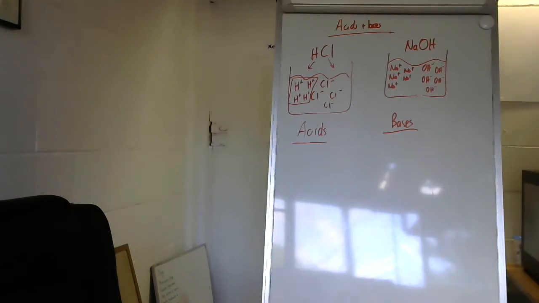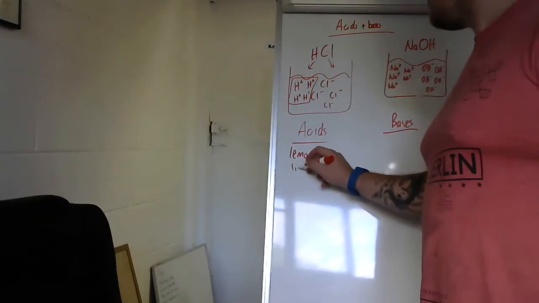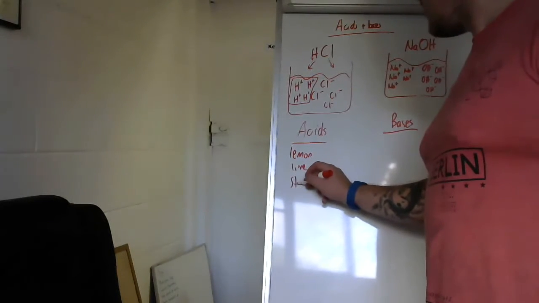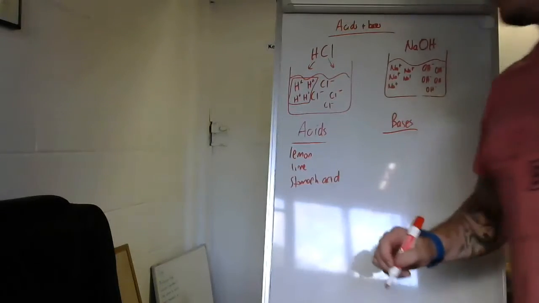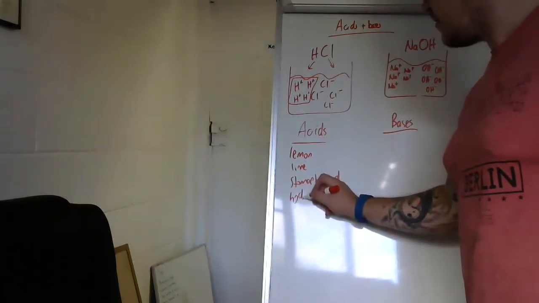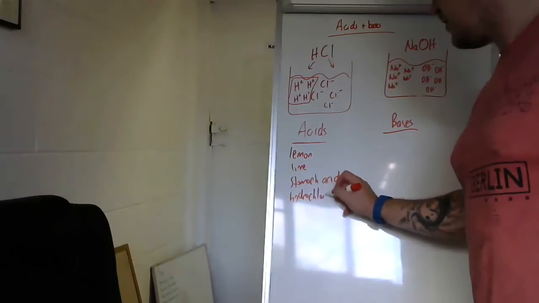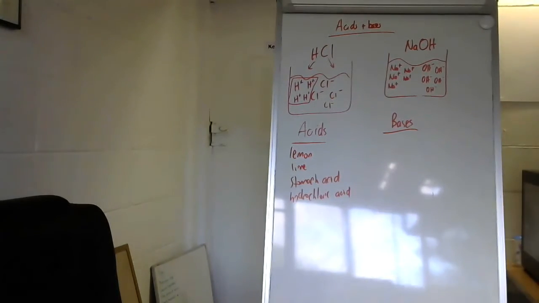All right. Acids: things like lemon juice, lemon, lime, stomach acid, hydrochloric acid, which is used for cleaning, also used for dissolving bodies. What else have we got?